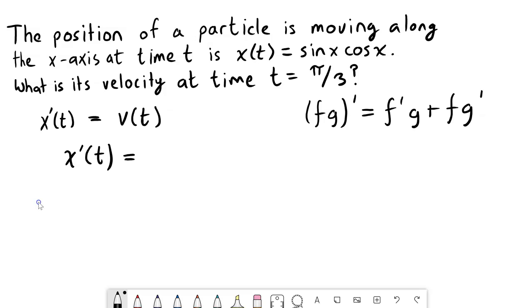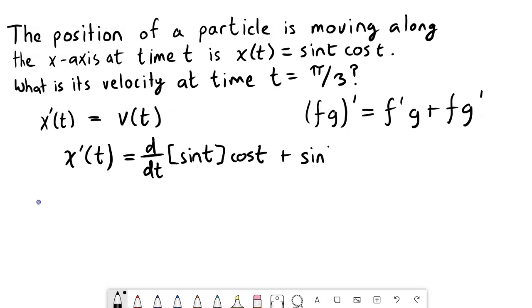We want to find the derivative with respect to time of the first function, and then cosine, where these should be t, I think. Yeah, these should be t. And then sine t, and then the derivative with respect to t of cosine t.